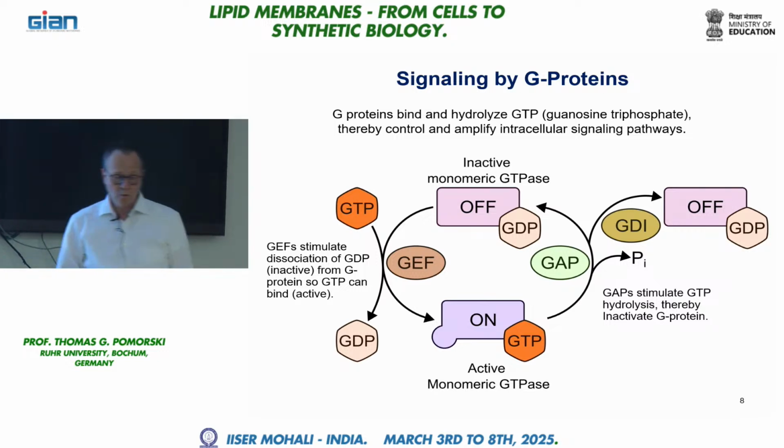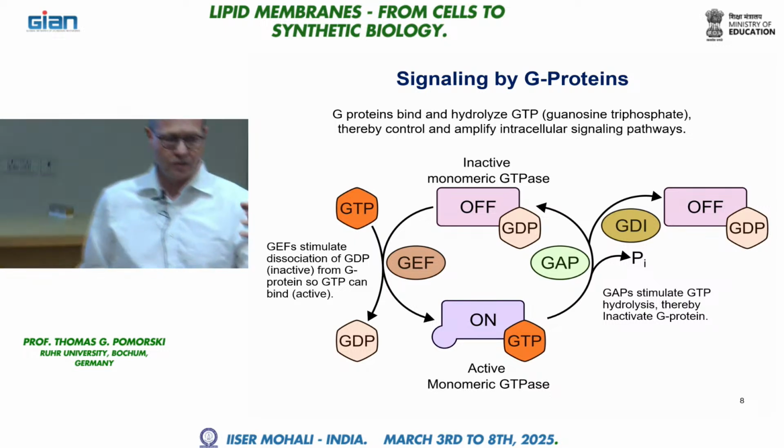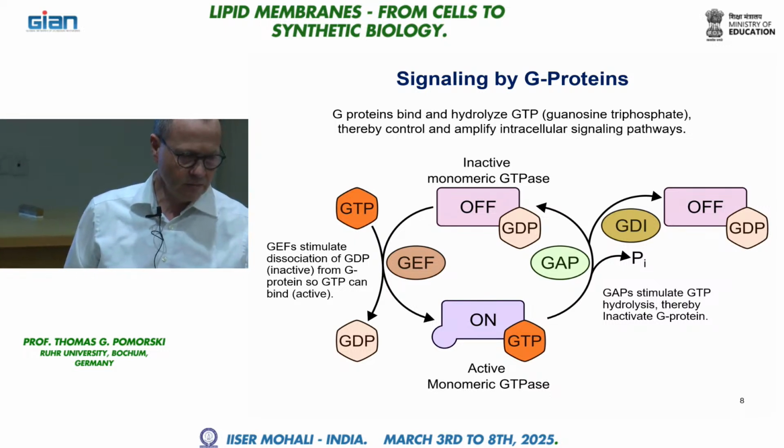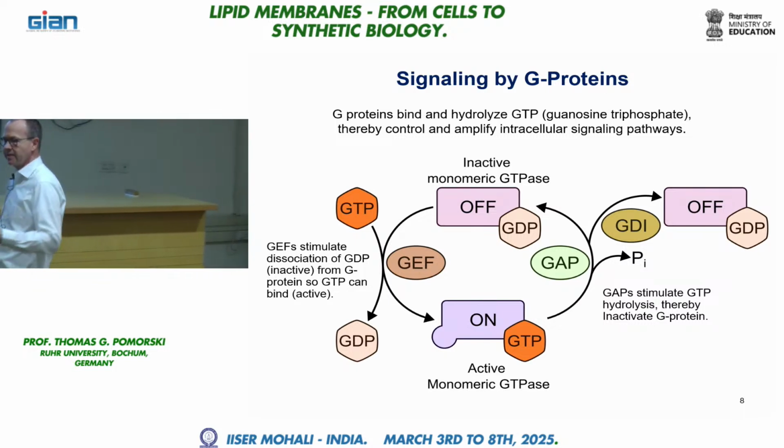So what we have is, at the plasma membrane, receptors that can bind the signal and change conformation, and that triggers an event in the cytosol.